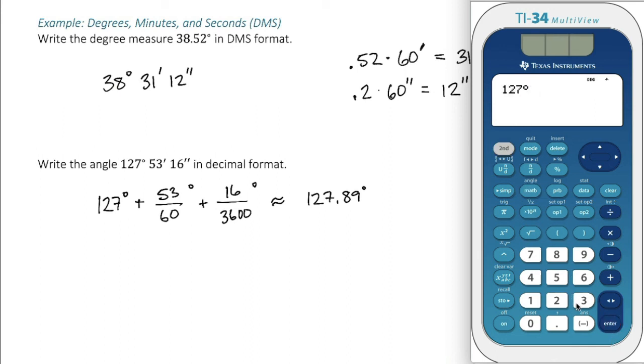And then 53 angle, that's minutes. And then 16 angle, seconds. So you just type it in and then hit enter, and it gives you the decimal form. Many calculators will have this functionality.